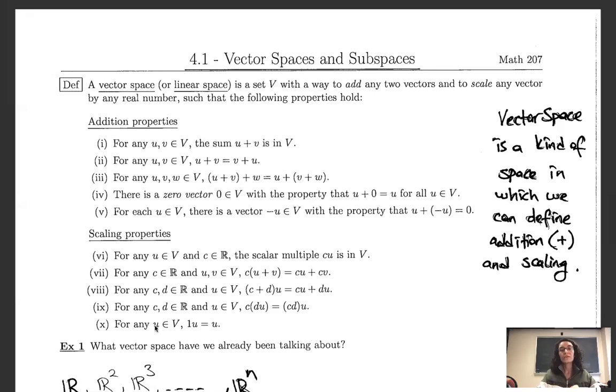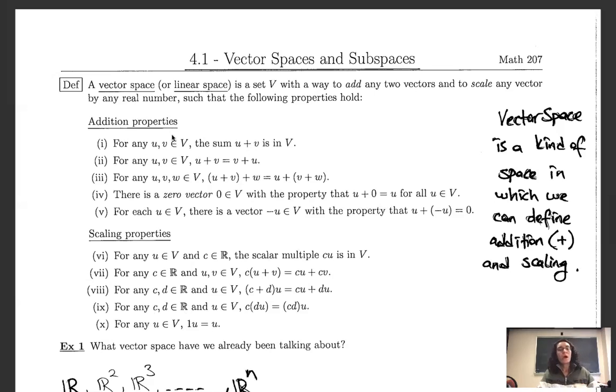So if you take any vector u and a scalar, let's say the scalar 1 from R, in this case your scalar is just 1. And if you multiply your vector u by this 1, then you should get the same thing, and this vector is again in this set V. And these are the scaling properties.